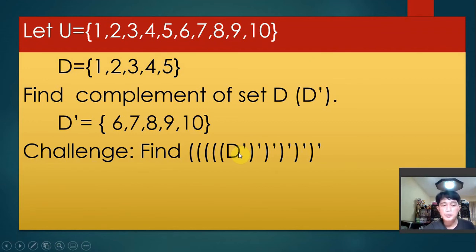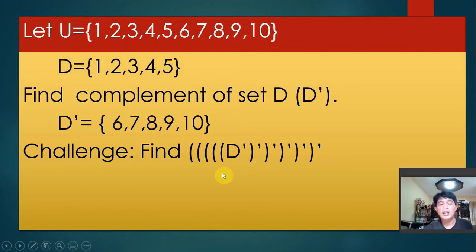Now, when we say complement, it is associated with the word outside. Again, when we say complement, it is associated with the word outside. So if this is outside, then the next is inside. Again, outside, inside, outside, inside.